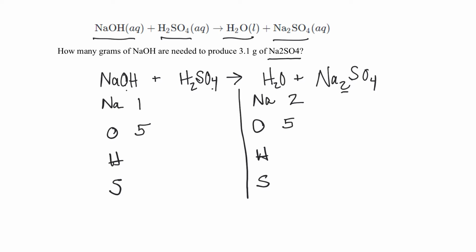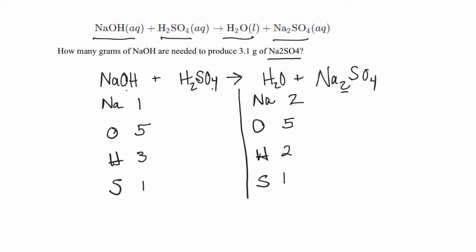For hydrogen, we have 3 on the reactant side and 2 on the product side. And for sulfur, we have 1 on each side. So I'm going to look at my metals first. Usually you always want to balance those first.